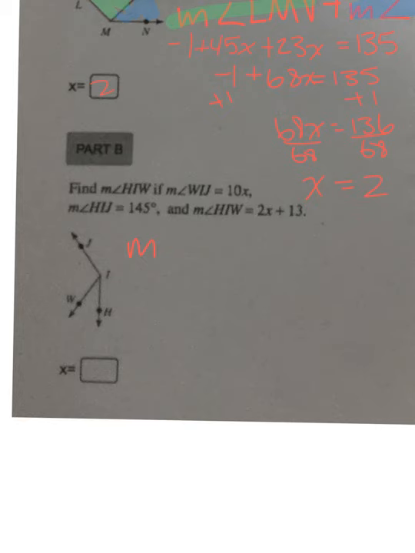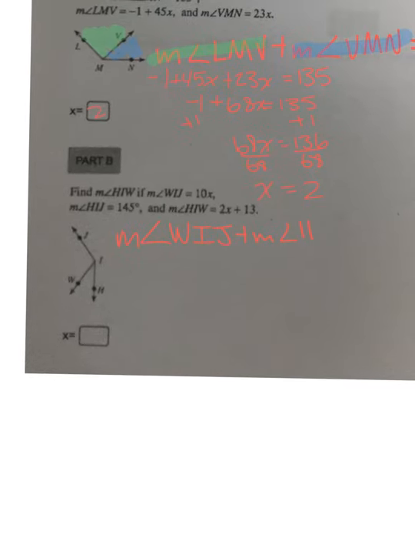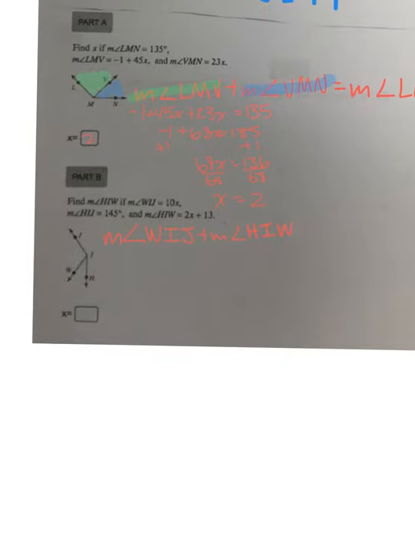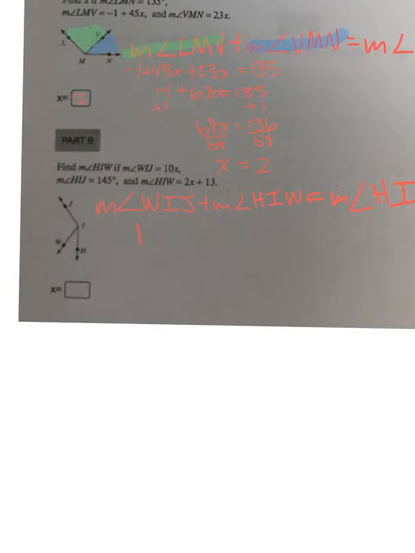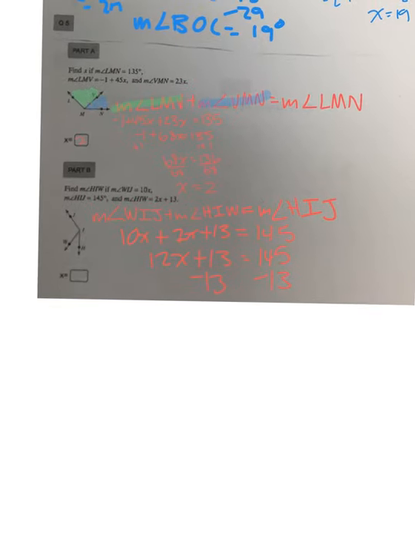So I have the measure of this top slice, which is WIJ, plus the measure of the bottom, which is HIW, equals the measure of the entire, which is HIJ.